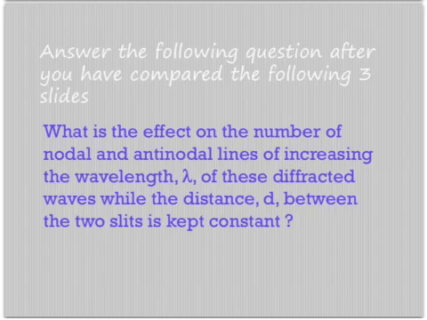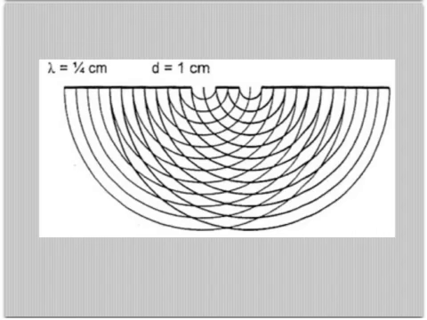On the next 3 slides, we want to look at the effect on the number of nodal and antinodal lines of increasing the wavelength of these diffracted waves while keeping the distance D between the two slits the same. Here, D is 1 centimeter. From there to there, 1 centimeter. Wavelength is 1/4 of a centimeter from there to there.